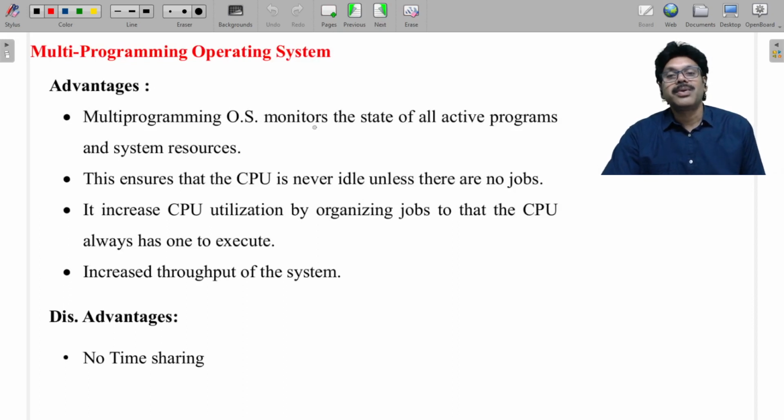The multiprogramming OS monitors the state of all active programs. This ensures the CPU is never idle. It increases CPU utilization by organizing jobs so that the CPU always has one to execute. It increases CPU throughput, but the only problem is no time sharing.